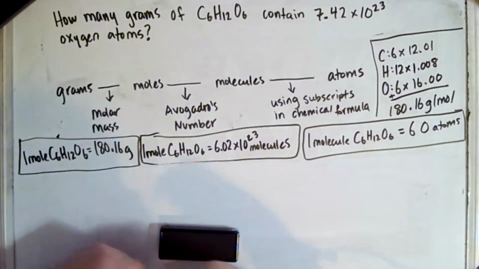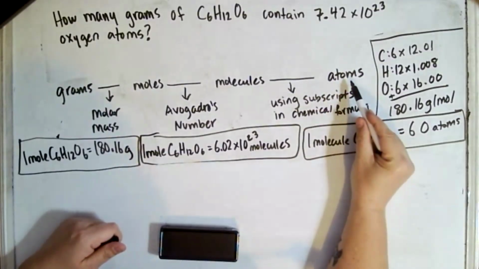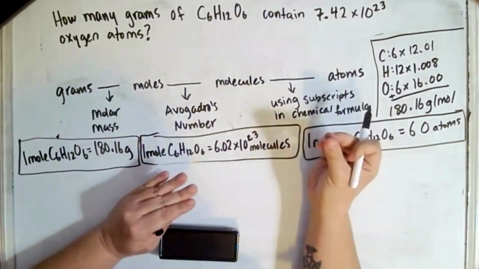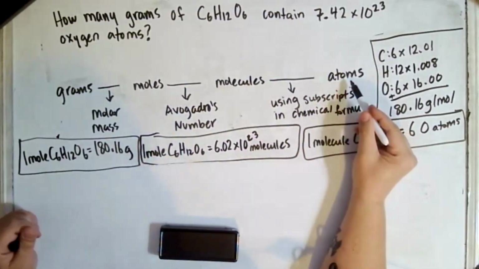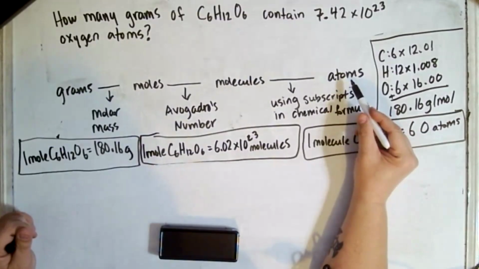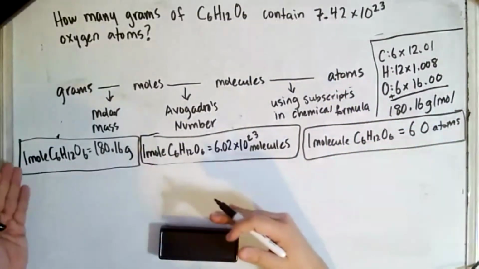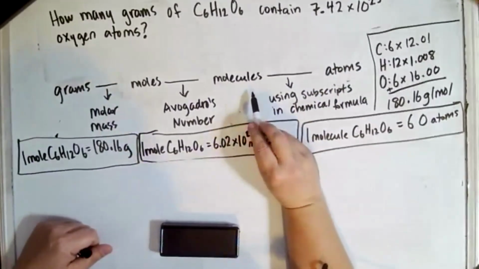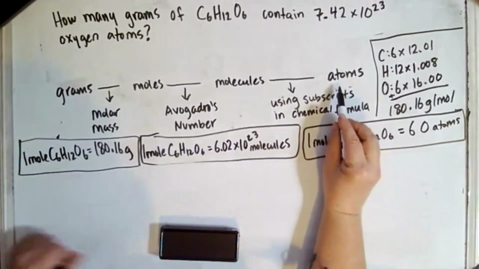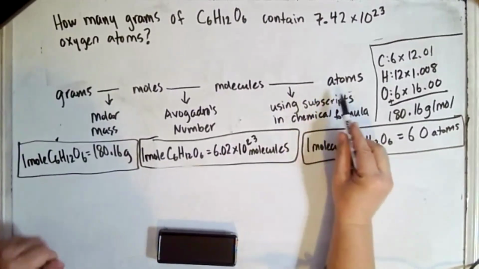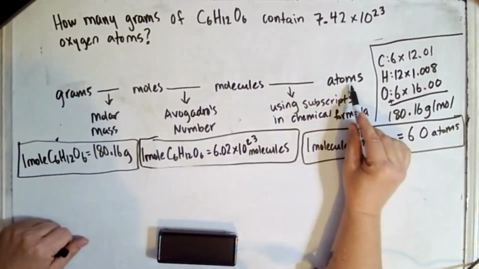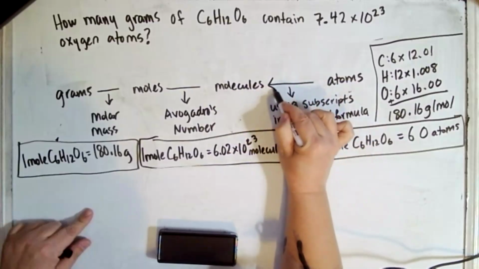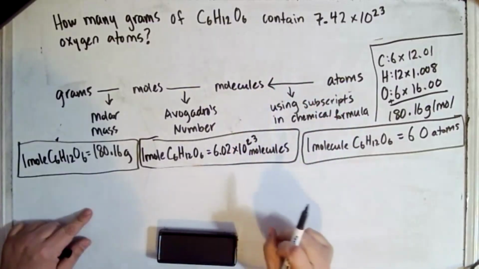So if we're given the number of atoms, we're going to be able to relate the number of atoms that we have back to the number of molecules that we have. Okay, just like we were able to take our molecules and figure out how many specific atoms we have. Sorry, I shuffled that around. If we know how many atoms we have, we're going to be able to use this relationship and figure out how many molecules specifically we're looking at.